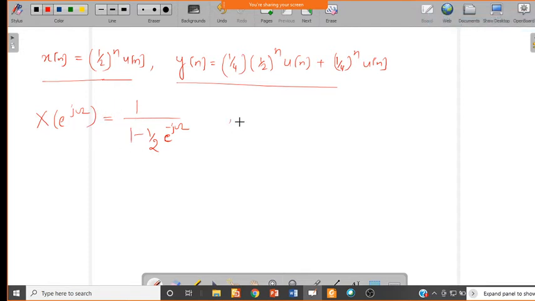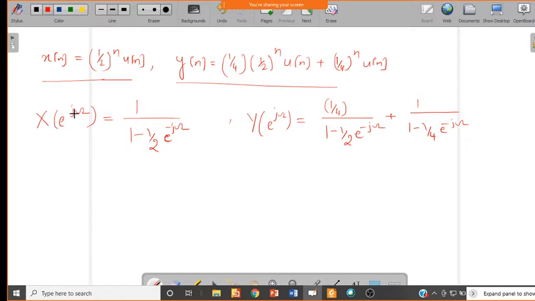In the similar way, taking the DTFT for the output, you will get Y of e power j omega, which is given by 1 by 4 divided by 1 minus 1 by 2 e power minus j omega, plus 1 over 1 minus 1 by 4 e power minus j omega.